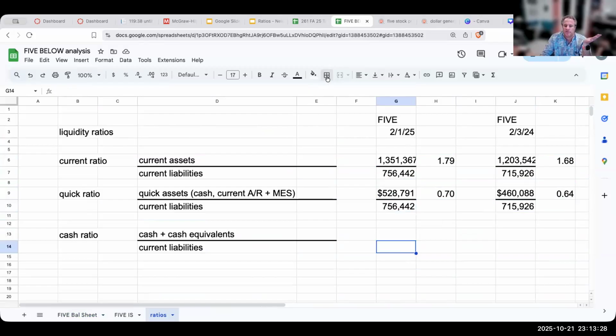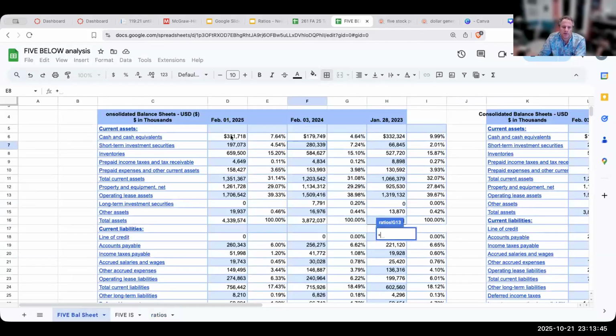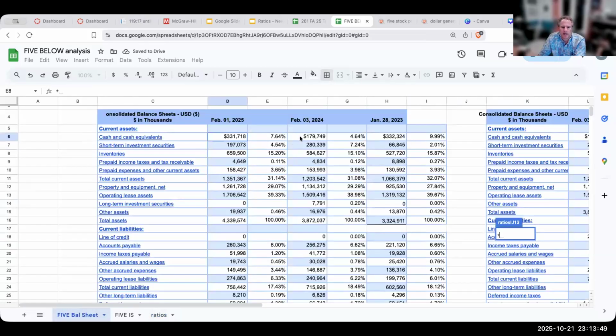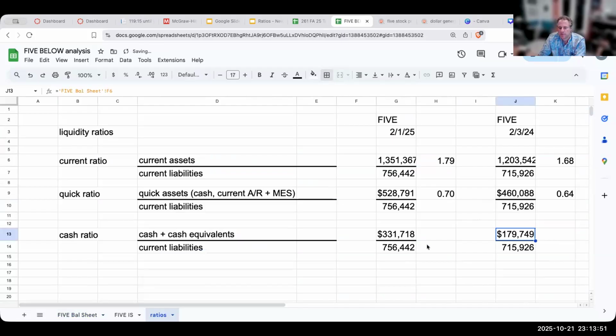Now let's look at the final one, which is our cash ratio. For our cash ratio, again, the current liabilities are going to be exactly the same. What's a current liability? It's any liability that's due within the next 12 months. Here, I'm going to take the cash and cash equivalents and divide this by my current liabilities.